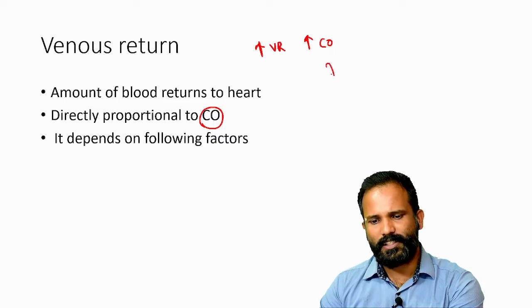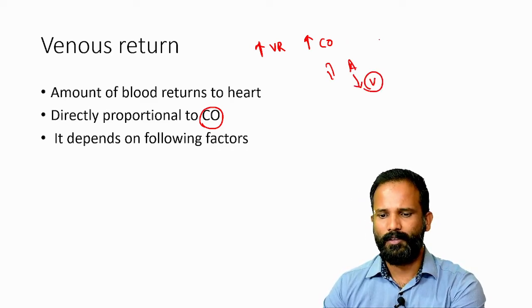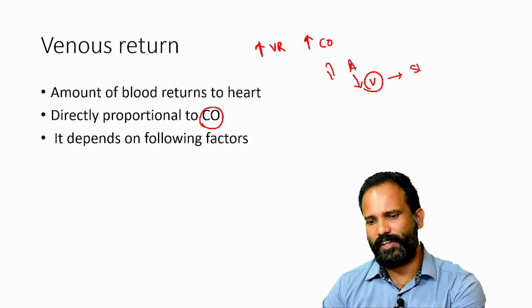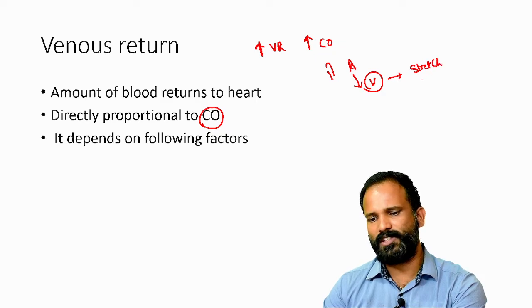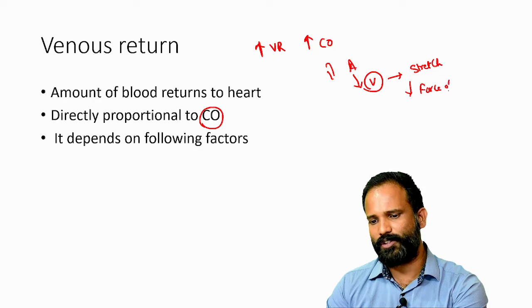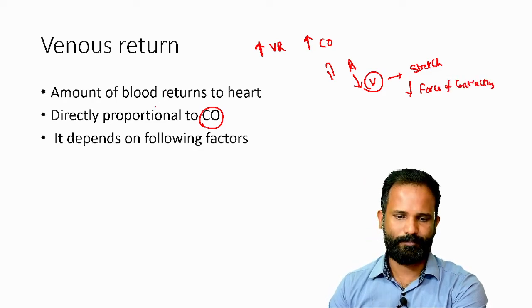Venous return is more means more blood in the atria that goes into the ventricle. More ventricular blood volume means more stretch of the ventricle, and more stretch of the ventricle means more force of contraction. We'll talk about this force of contraction under preload, which is nothing but the venous return.